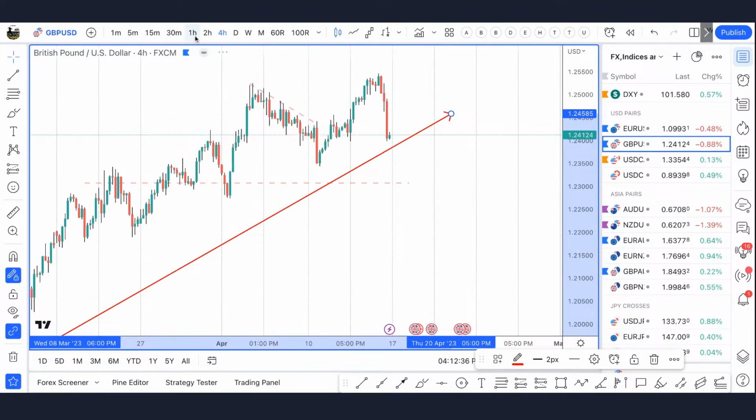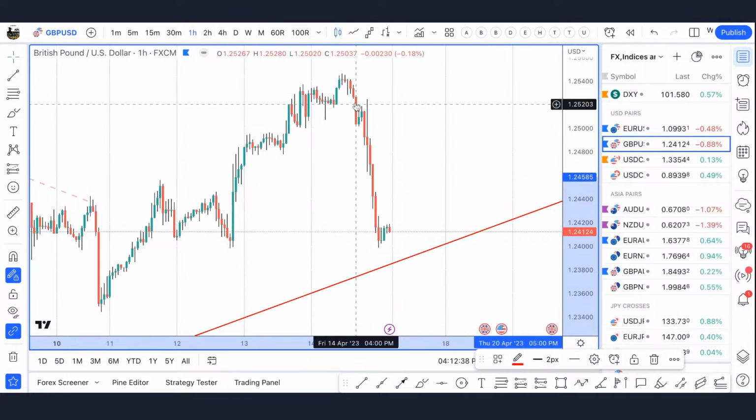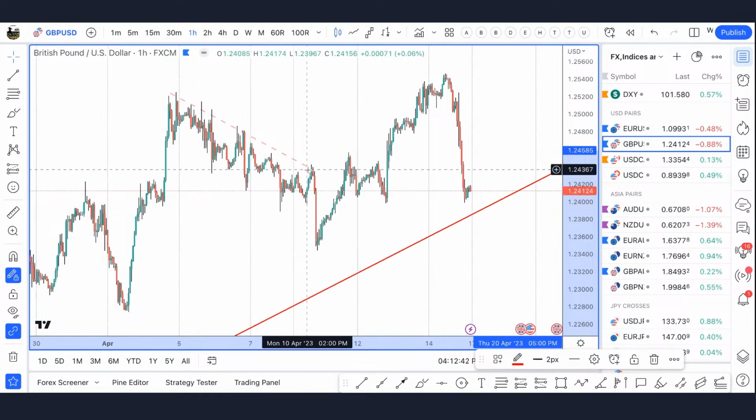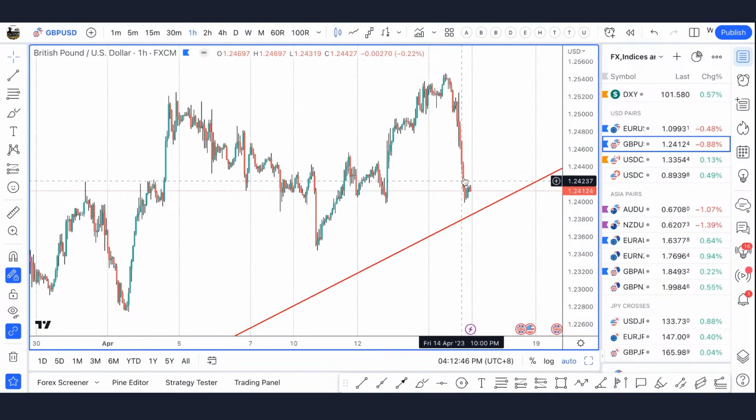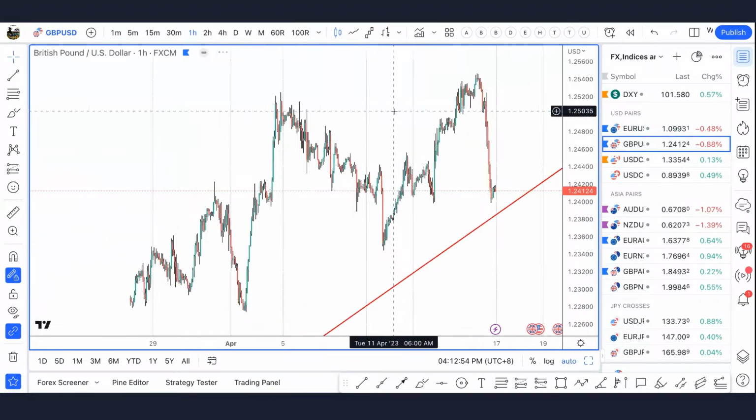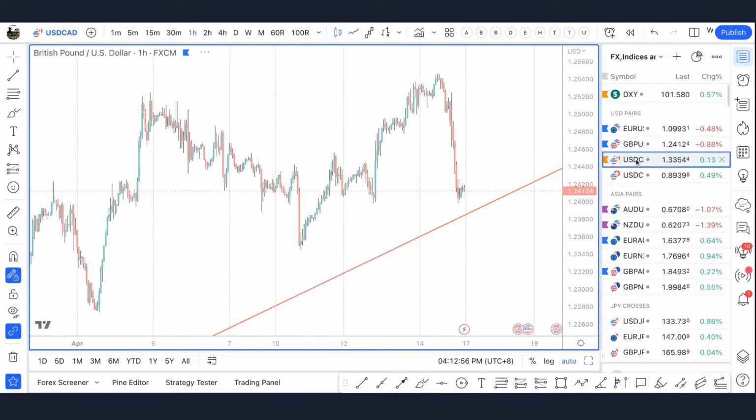Just that on the 1 hourly, there's quite a deep correction. So if you are trading on the 1 hourly, maybe you're looking at some pullback for you to go short the pound dollar. Okay, so that's that for pound dollar.